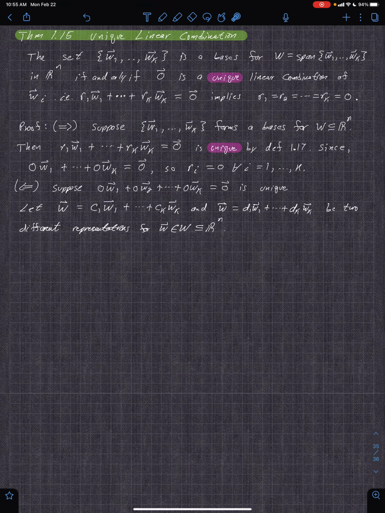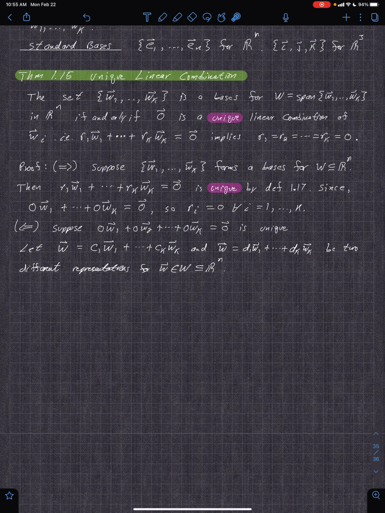So right now, I'm just assuming that 0 is a unique linear combination of those. So I'm saying, let's suppose this is the linear combination that gives you the 0 vector, and we basically know it has to be the only one.